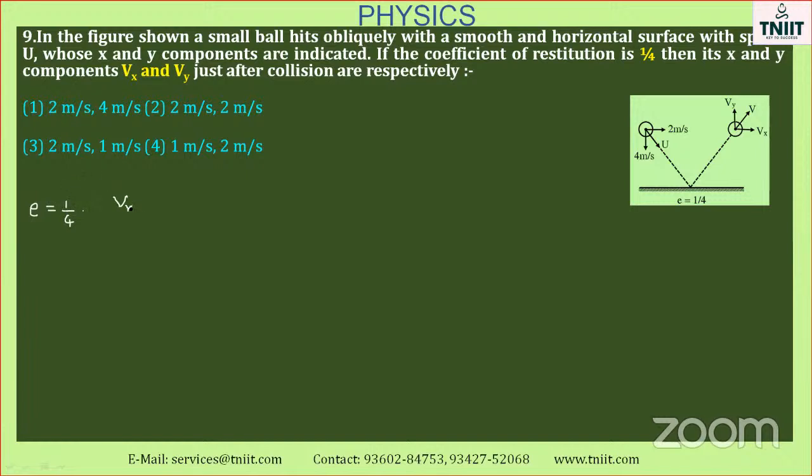What is the velocity along the x component initially? 2 meter per second. What is the velocity in y direction? 4 meter per second. We can take initial ux, uy. Now they are asking you to find vx and vy.